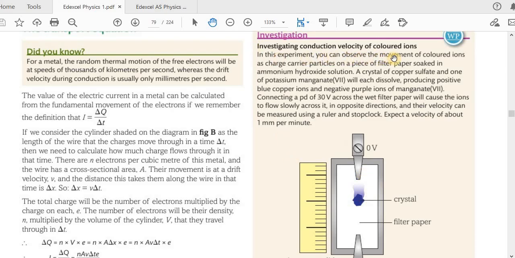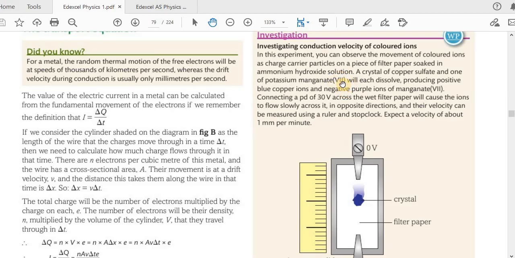In this experiment, you will observe the movement of colored ions as charge carrier particles on a piece of filter paper soaked in ammonium hydroxide solution. A crystal of copper sulfate and one of potassium manganate(VII) will each dissolve. By the way, this is the Roman numeral 7.